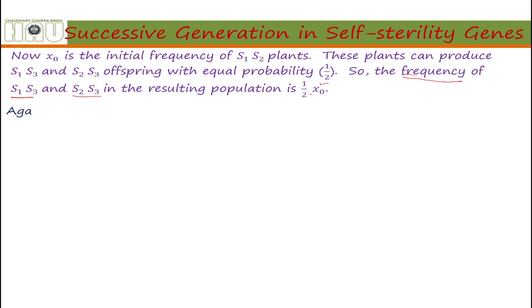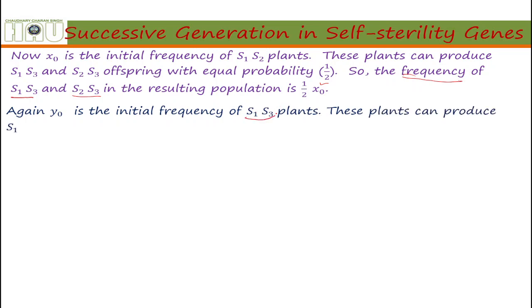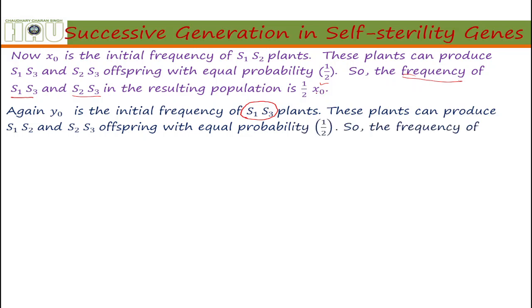Similarly, Y0 is the initial frequency of S1 S3 plants. Now S1 S3 plants can produce the genotypes S1 S2 plus S2 S3.